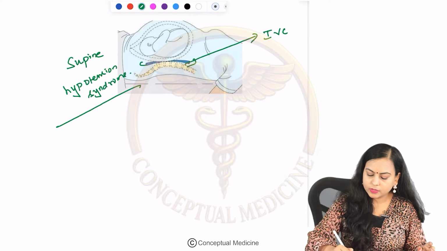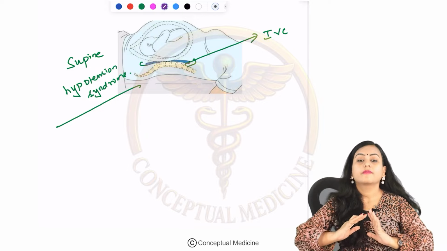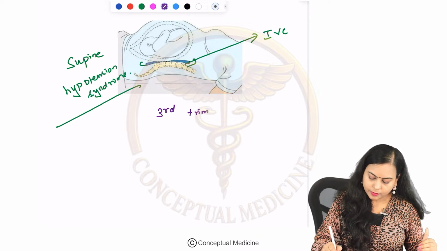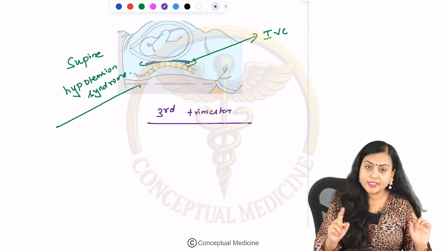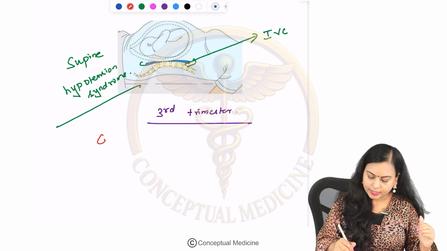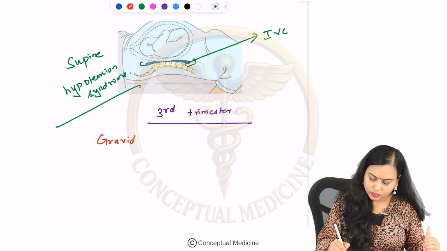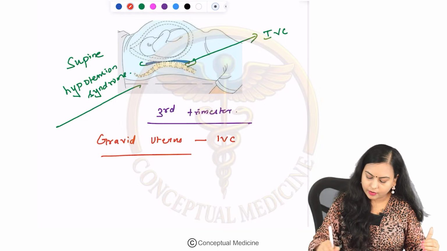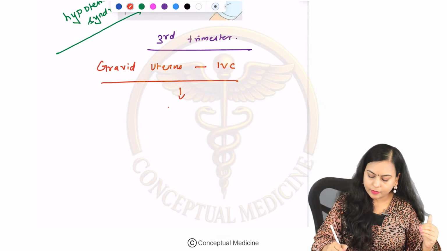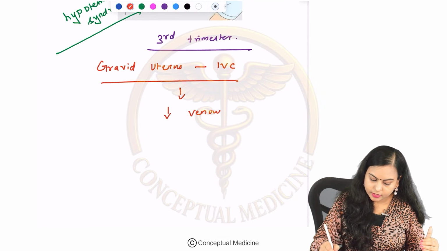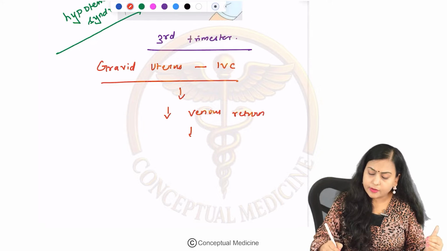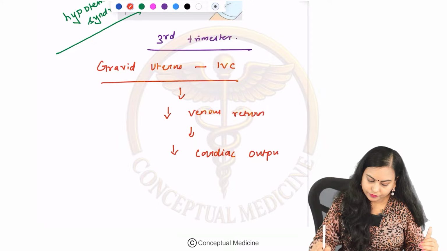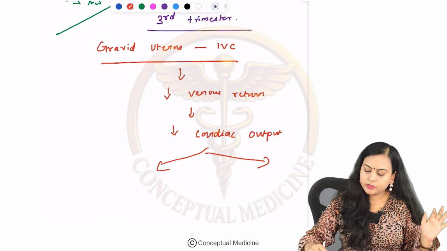Okay, so this happens especially in the third trimester when the baby is fully grown. If the patient lies supine, what is going to happen? The gravid uterus is going to compress on the inferior vena cava, and when this is happening, there will be reduced venous return and reduced cardiac output as well, and that will cause two things.